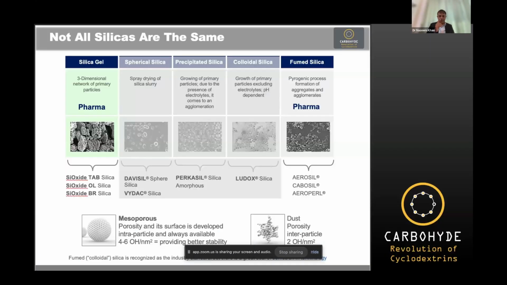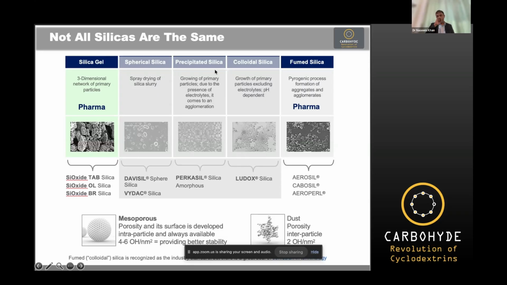This is very important, because people think about how exactly you differentiate the different types of silicas. You can see here the difference between fume silica, silica gel, and spherical silica.